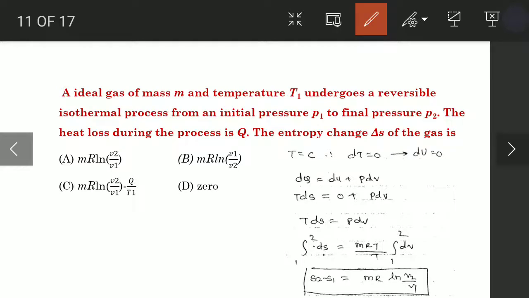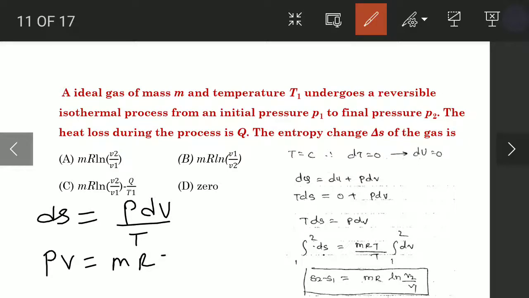After integration we are getting dS is equal to PdV divided by T. From the ideal gas equation we can write PV is equal to mRT.